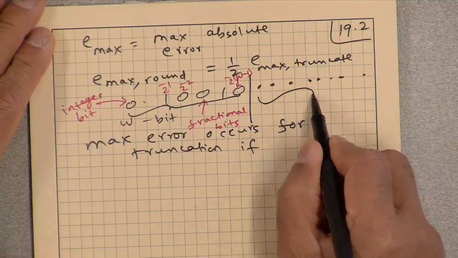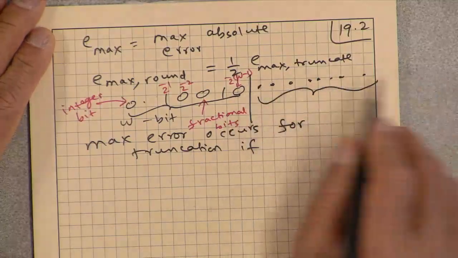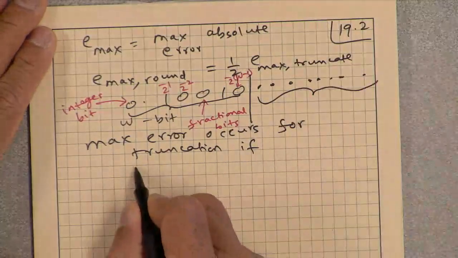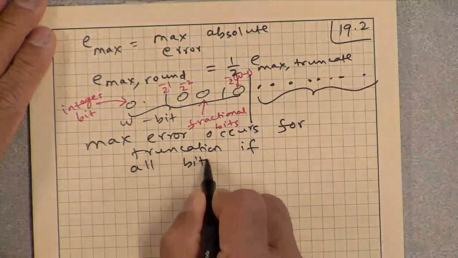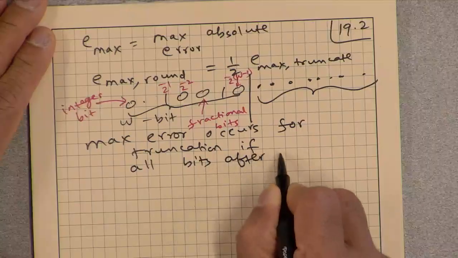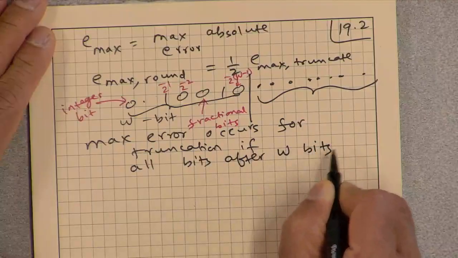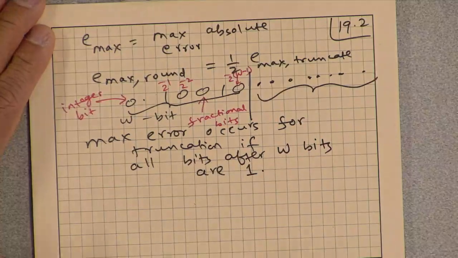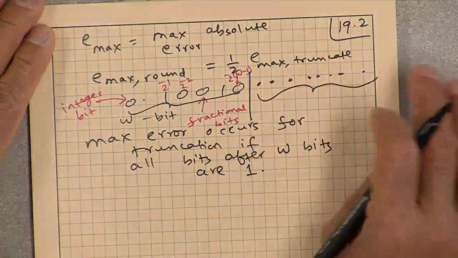That is when all of the bits after the W bits are 1, 1, 1, 1, all the way to infinity, because we threw out all of these.